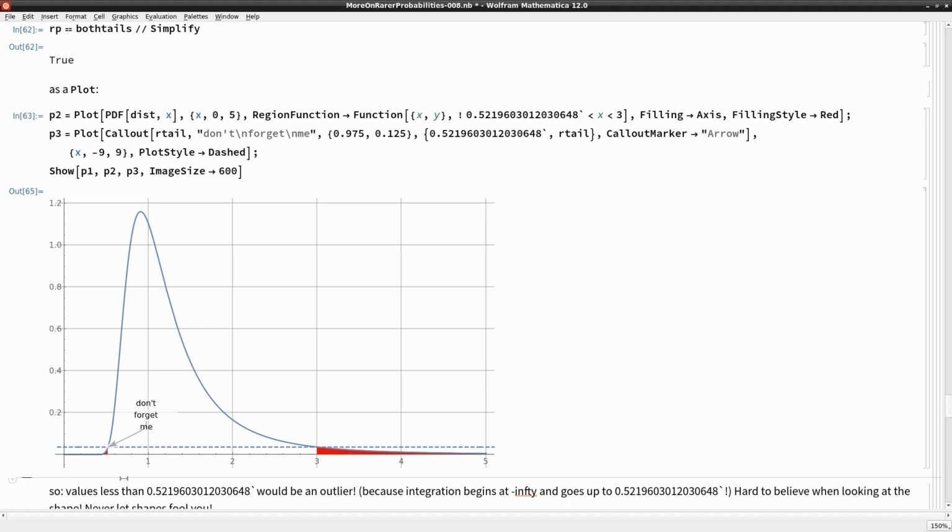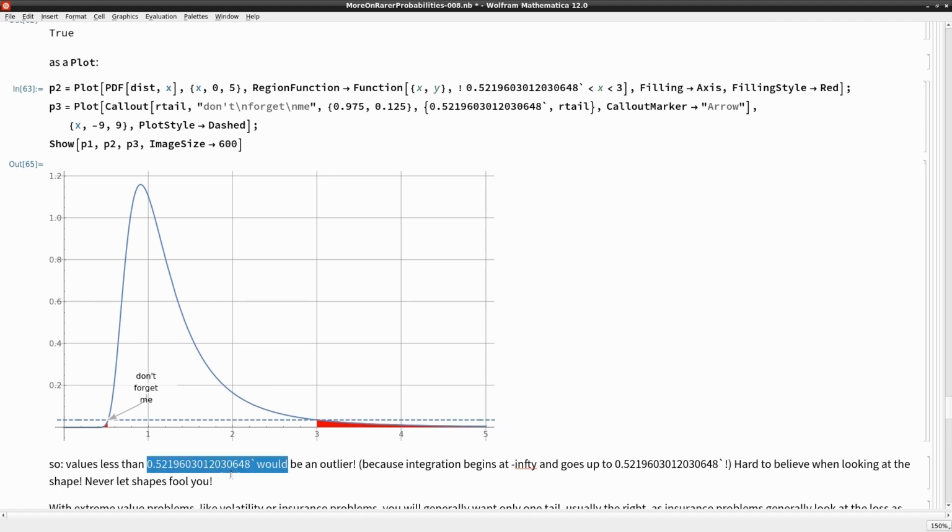So keep in mind, just because we don't have a symmetric distribution doesn't change the fact that we still have a left tail. And let's not forget the left tail here. This is a small area that we have to include in our considerations. So values less than 0.522 would be considered an outlier. Remember, we're using rarer probabilities in FindAnomalies in order to detect whether or not something is abnormal, whether or not something is an outlier.